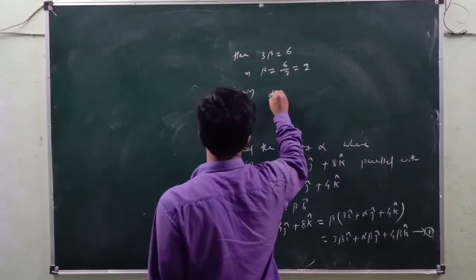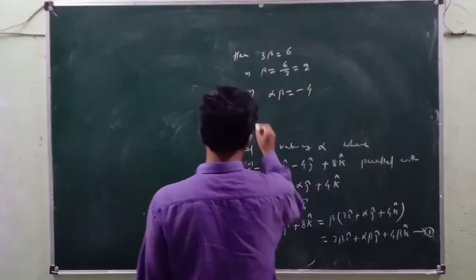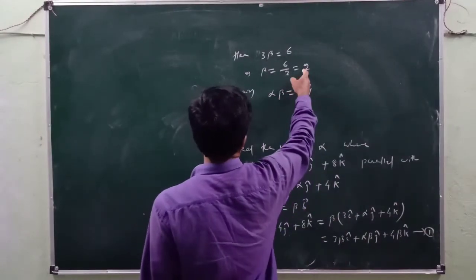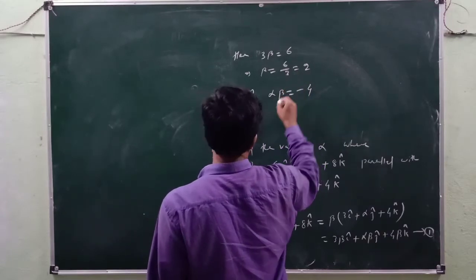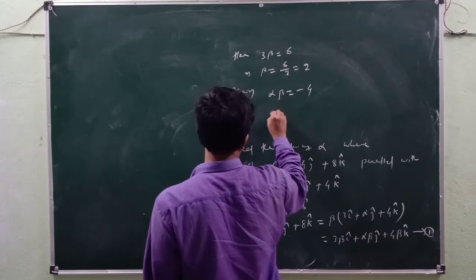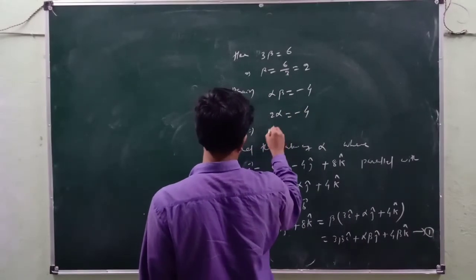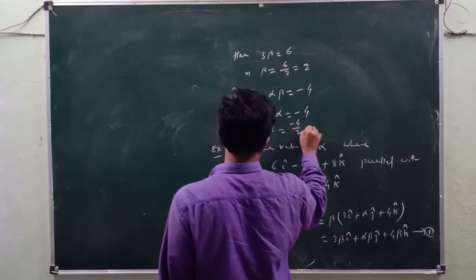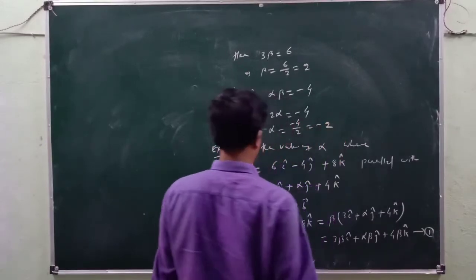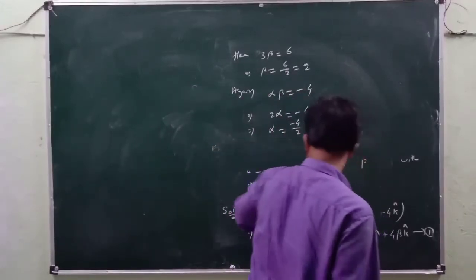Alpha beta will be minus 4. Now put the value of beta, so alpha into 2, that means 2 alpha equals minus 4. Then the value of alpha will be minus 4 by 2, which is minus 2. Okay, this is the required value of alpha.